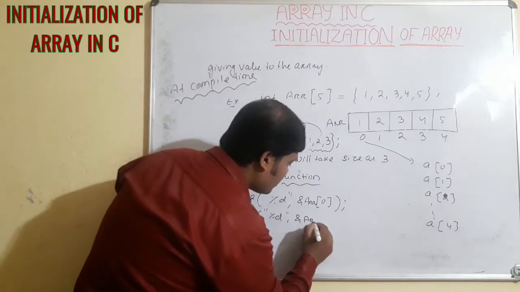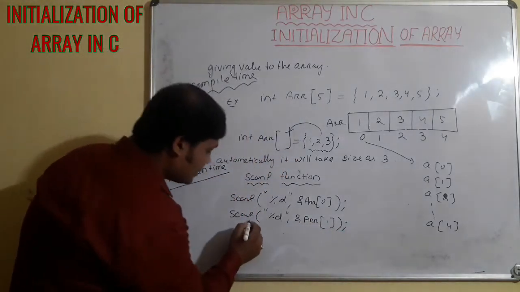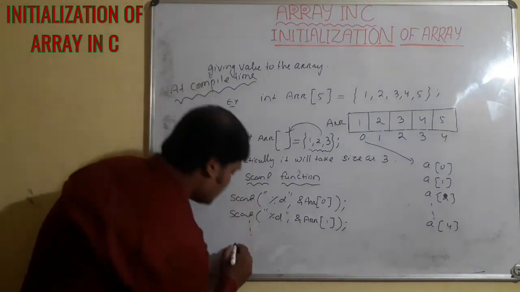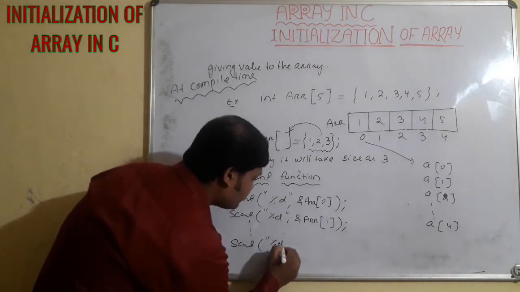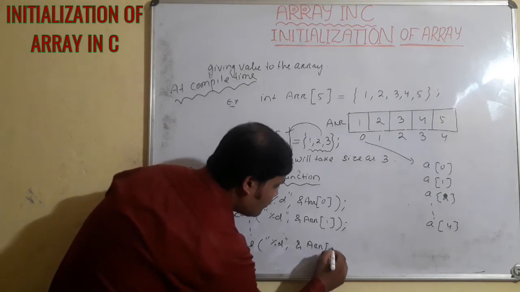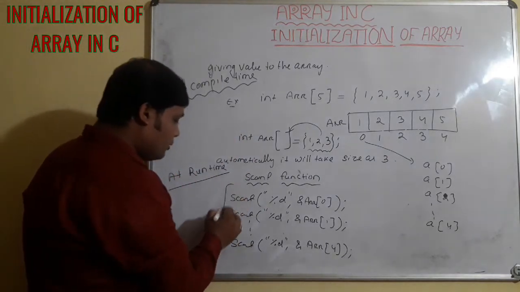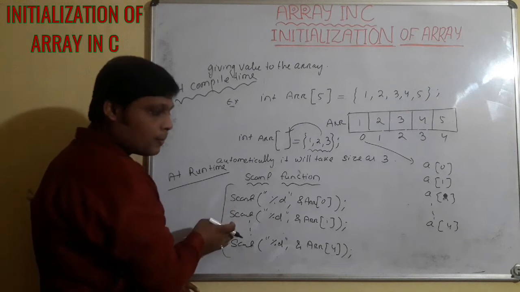This will be ARR of 1. Clear? Like this, I have to write multiple scanf, up to scanf %d ampersand ARR of 4. So if there are 5 elements, I have to write 5 scanf here.